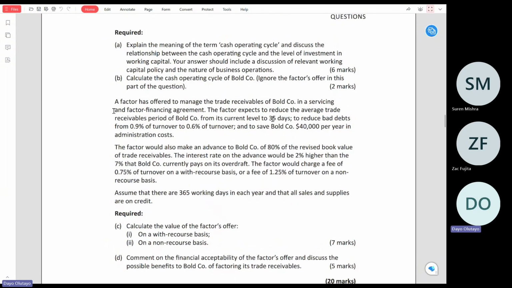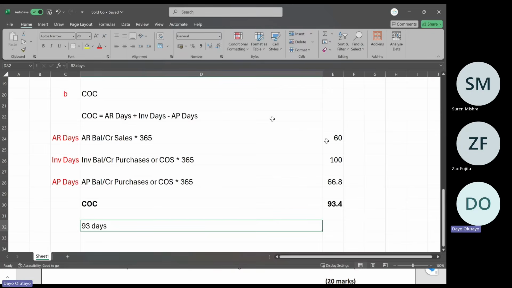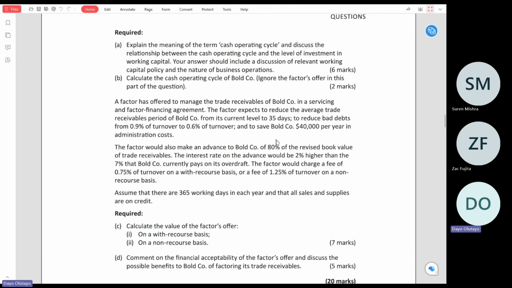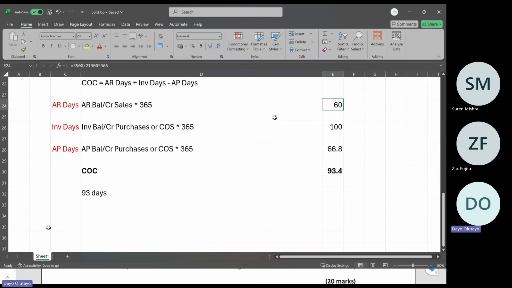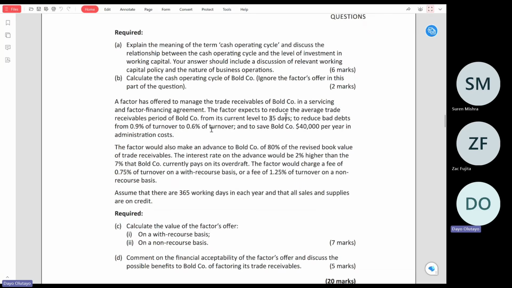Yeah, and from the calculation that we did, the current level is 60 days. So currently we are doing 60 days, and if we get a factor, the factor has promised us to reduce it to 35 days. And obviously for him to do that, what he's trying to do is to reduce the account receivable balance. So which means we're going to have a revised account receivable balance, which we will come back to based on those new days.